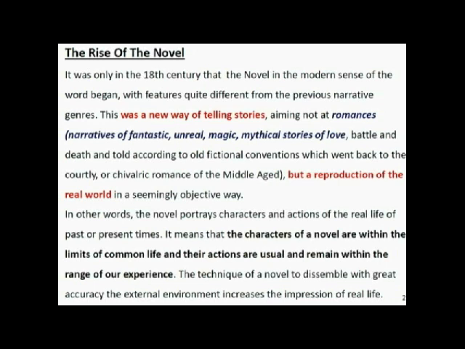But now, the new literary form tries to reproduce the real world in any way that was possible. While in the past the protagonists of the romances were superheroes, now in the novels the protagonists are just normal people belonging to the middle classes, people we can see as us.